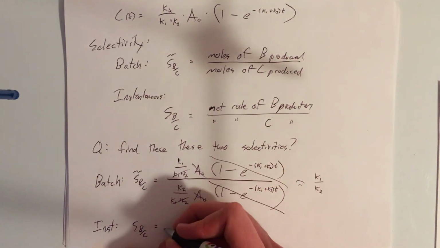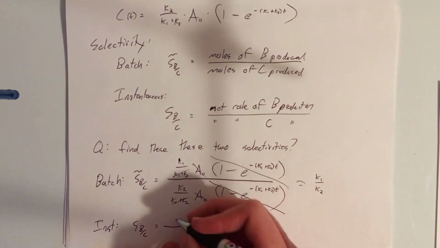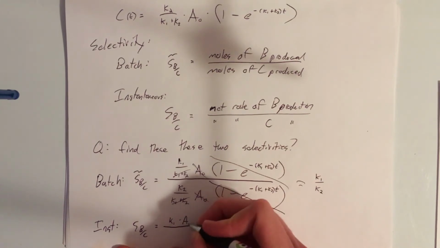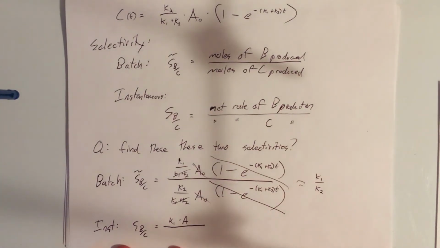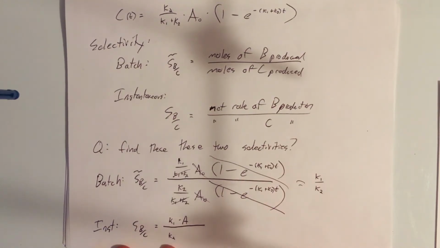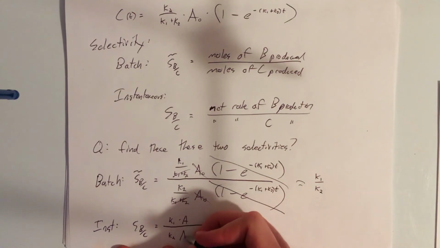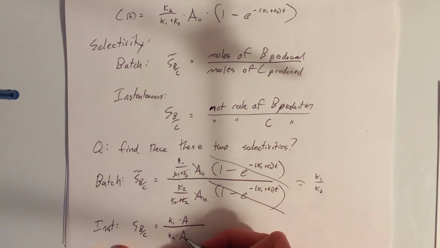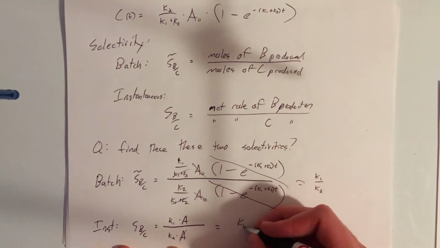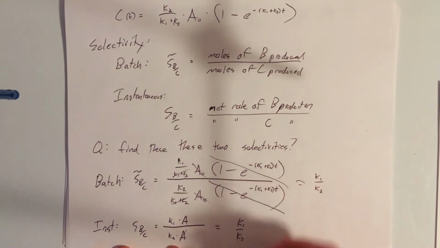The instantaneous production of B is just K1 times whatever the instantaneous amount of A is, from its rate law. And the production of C is K2 times whatever the concentration of A is. So these A's cancel out, and we end up getting K1 over K2 again.